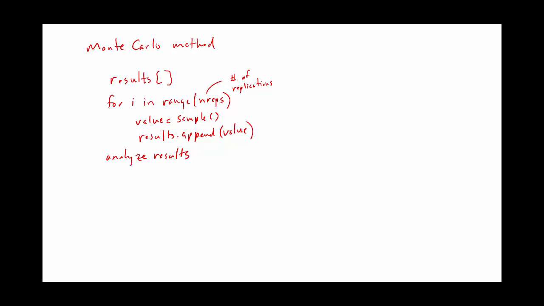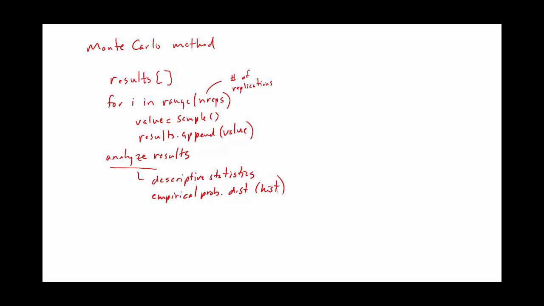And how I analyze the results really depends on the problem that I'm solving. So I might want descriptive statistics, like the mean, the standard deviation, and so on. I might want the empirical probability distribution, so like a histogram, for example, and so on.